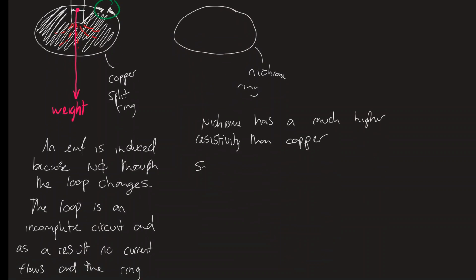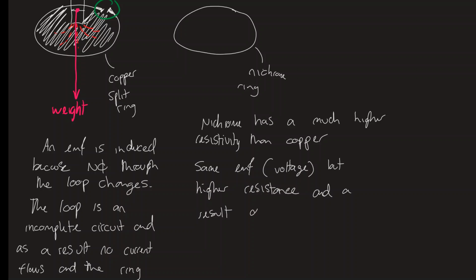We're looking at the same EMF, voltage, but higher resistance, and as a result, a lower current.